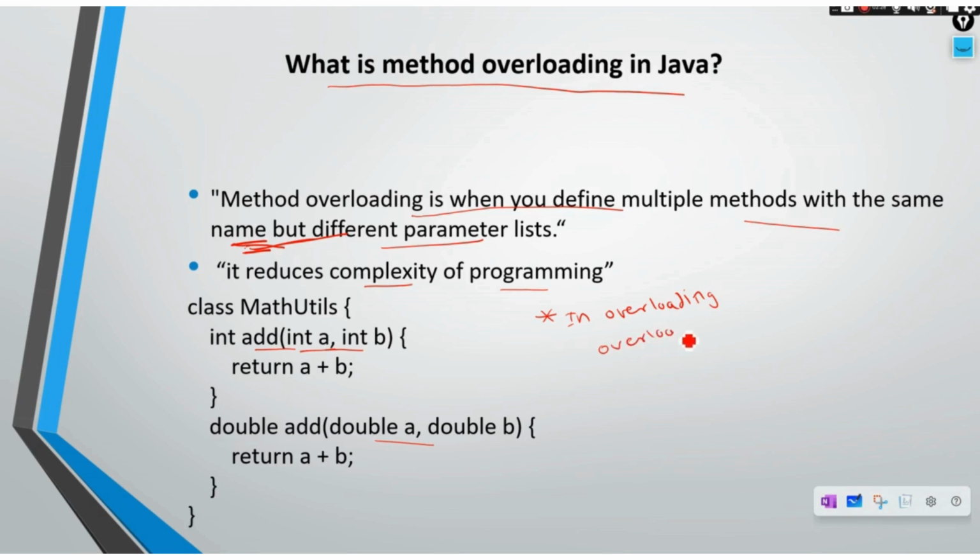Which is why we also call overloading compile time polymorphism, or static polymorphism, or early binding.